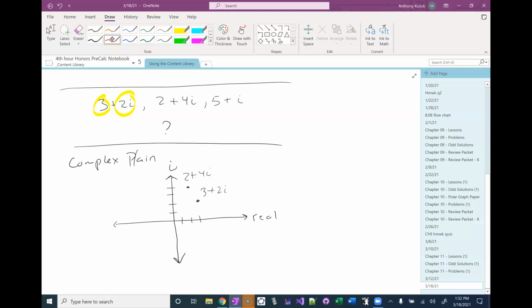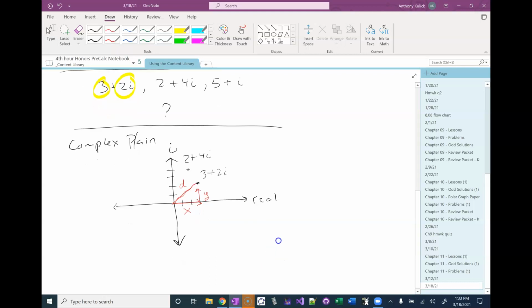Hopefully it reminds us not just of graphing a point, but of vectors. To get to that complex number, we have an x component, a y component, and then a distance from the origin. We'll revisit that in a moment.